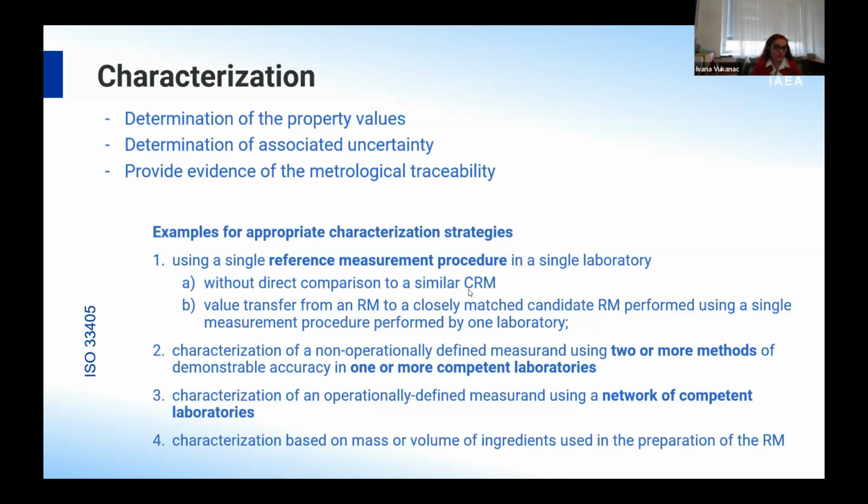Again, general requirements are covered with subclause 7.12 of 17034, and practical guidance is given in ISO 33405. Here on this slide you have some recommendations for appropriate characterization strategy.